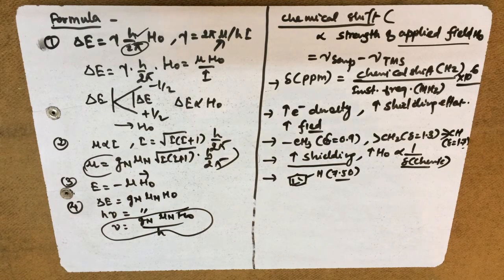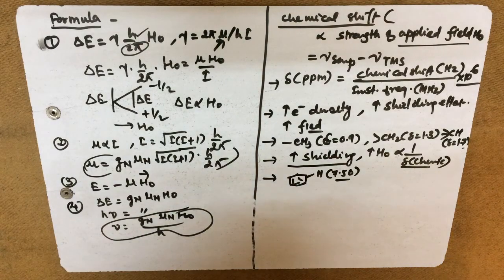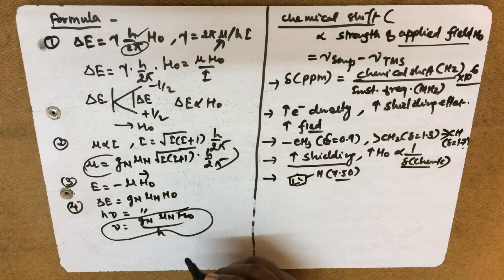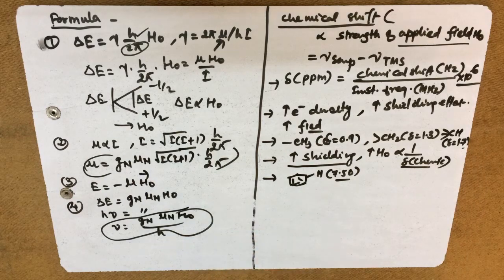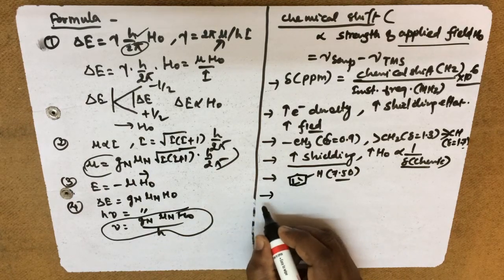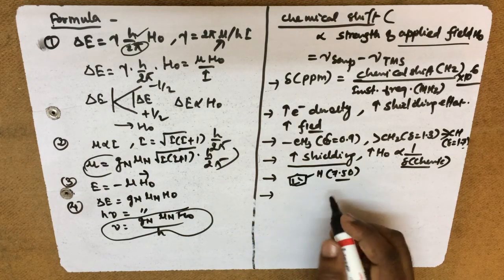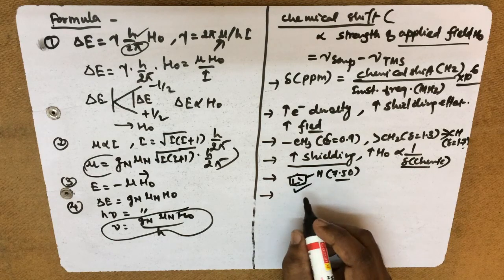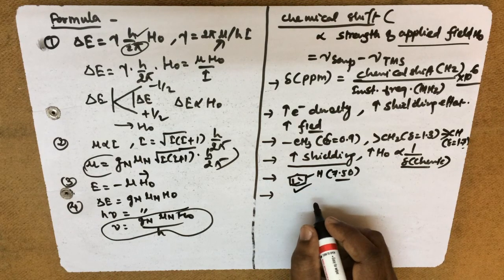So now I move to other species, important species. I'm not giving all species, but for some selected species I will give the chemical shift value. One is benzene, 7.27 something like that.